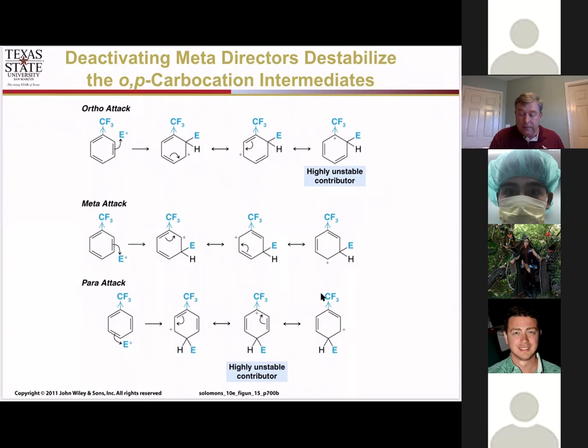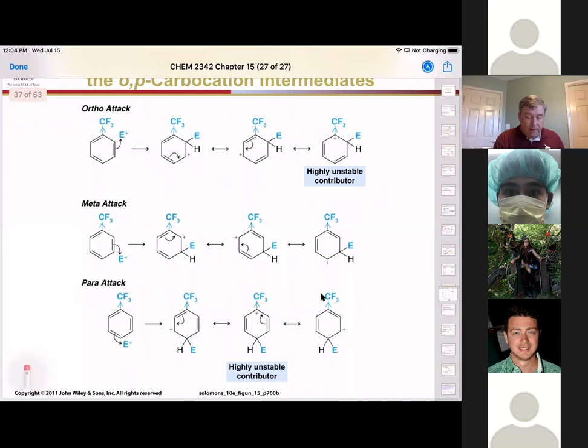So if we look at our system here, we're going to do a CF3 right here. Basically we have 3 fluorines pulling electron density away from the carbon, making that carbon a net partially positive, and therefore it is pulling electron density out of the ring. That means there are already fewer pi electrons to reach out and grab at that electrophile, that positive charge.